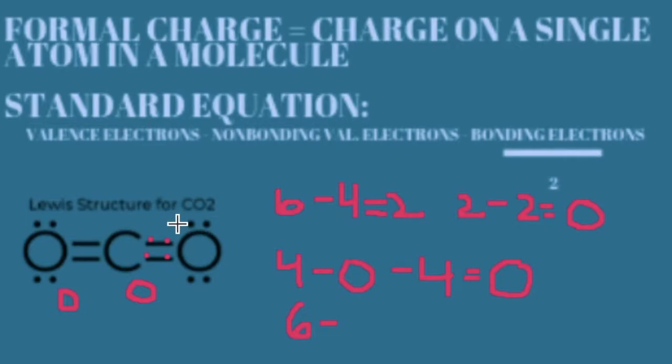To quickly finish up the formal charge, you just have to look at how many electrons are directly bonded to the oxygen. So in terms of all the electrons that are actually next to the oxygen, there's only 6. So you would do 6 minus 6 equals 0. And that's just another way to find the formal charge. You can always use either method depending on which you like more.